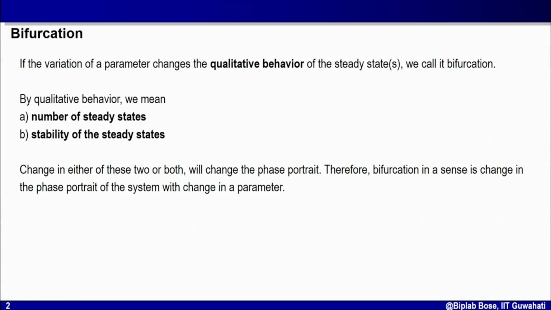By qualitative behavior we mean the number of possible steady states in the system and the stability of those steady states. So if I change the parameter value, the number of possible steady states may change, or the stability of the steady state may change, or both. In all these three cases, we will say the parameter is causing bifurcation in the system.